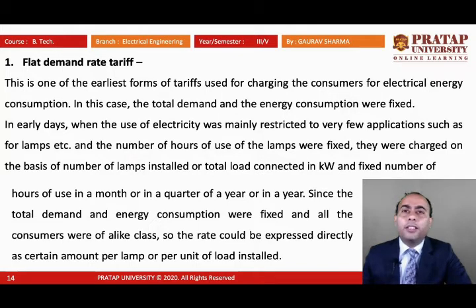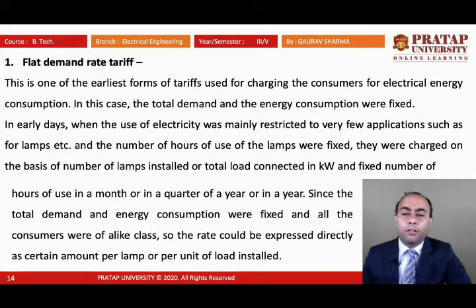So we can say that if we have 4 lamps and 2 fans in a house, the rate was fixed accordingly, and we charge for 1 month, 2 months, 3 months, 6 months or yearly, depending upon the agreement.